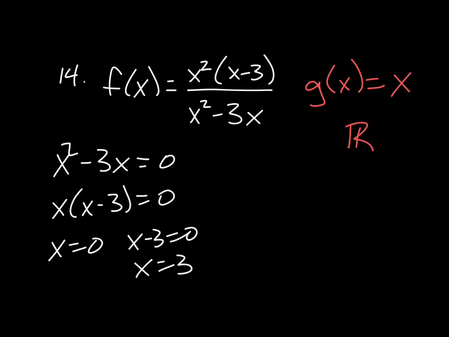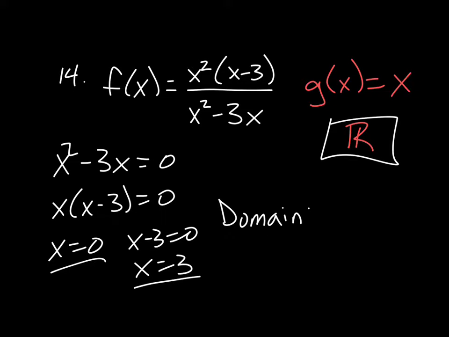Okay, so the domain of g was all real numbers. But you see these down here, these are problems for our domain of f. So for f, the domain is all real numbers, but x cannot be 0 or 3.